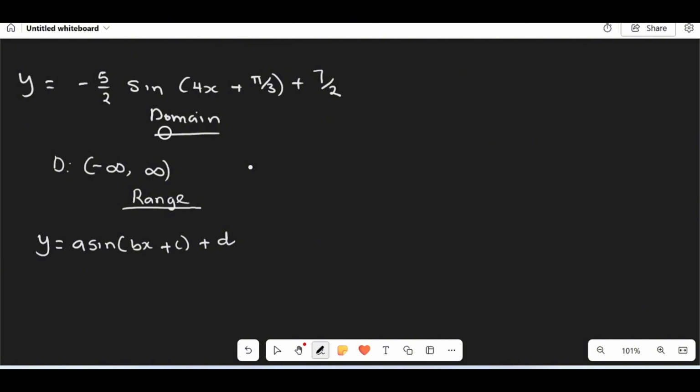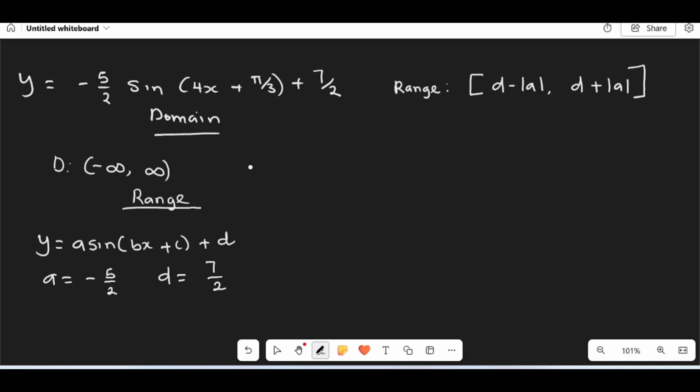Now if we compare this with this, you can see that our a equal to minus 5/2, our d equal to 7/2. Range is [d minus absolute a, d plus absolute a].